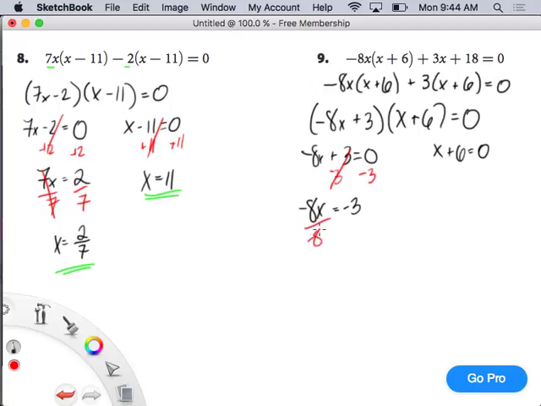Divide both sides by negative 8. In class, a negative divided by a negative is a positive. So we get x equals 3 over 8. And then here we subtract 6 from both sides and we get x equals negative 6. And those are our two answers: x equals 3/8 and x equals negative 6.